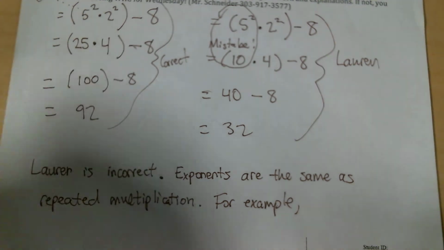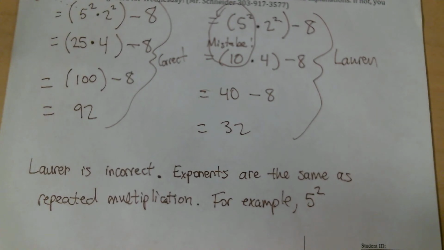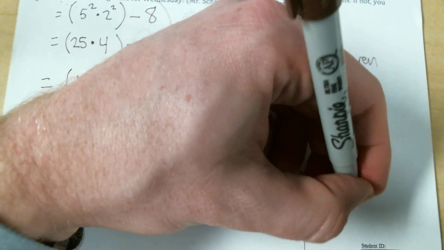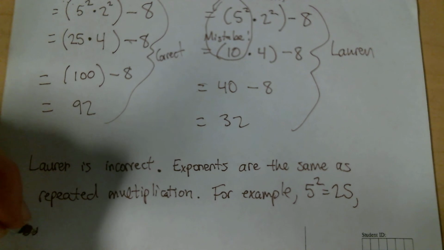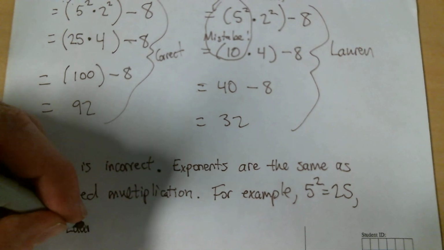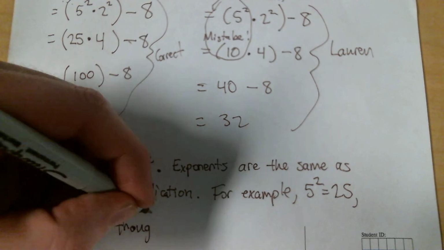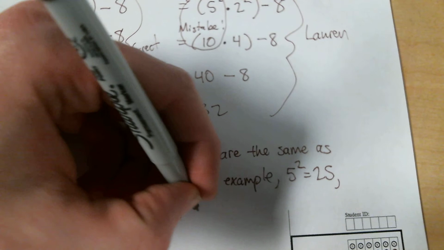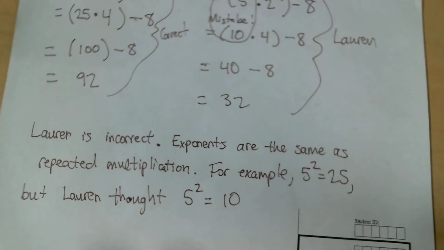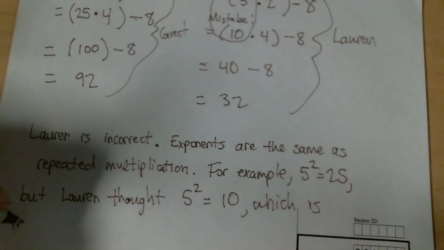In my work, I might say 5 squared, right? What does 5 squared equal to? For example, 5 squared is 25. But what can we say about what Lauren thought? But Lauren thought 5 squared equaled 10, which is incorrect.